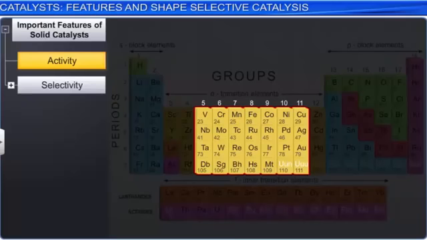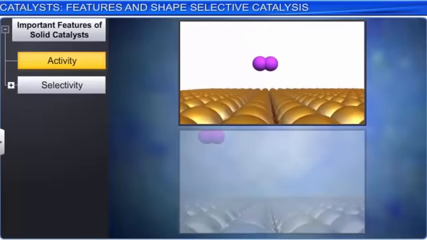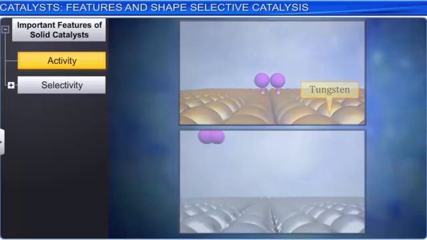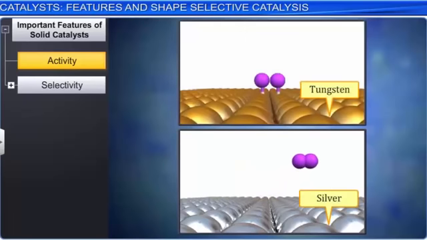For example, the adsorption of hydrogen onto the surface of tungsten tends to be too strong, while its adsorption onto silver is too weak, making them both less useful as catalysts for hydrogenation as compared to nickel or platinum.